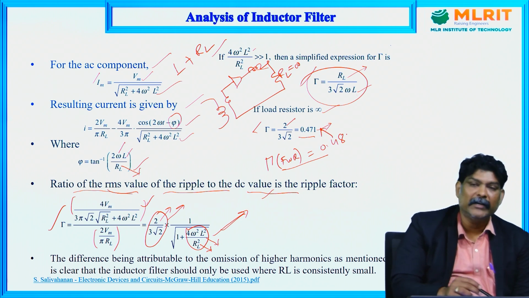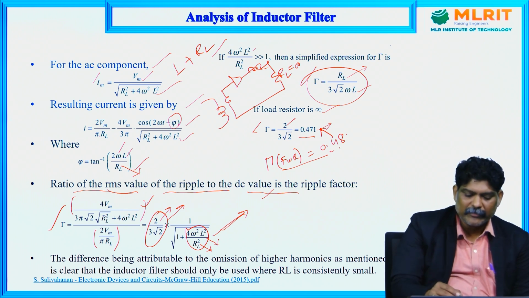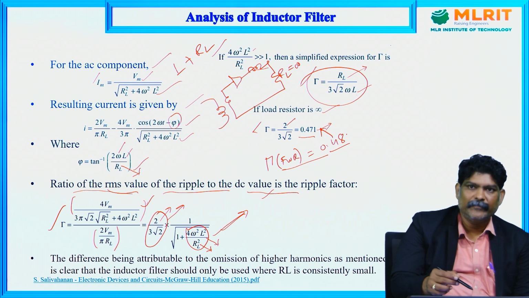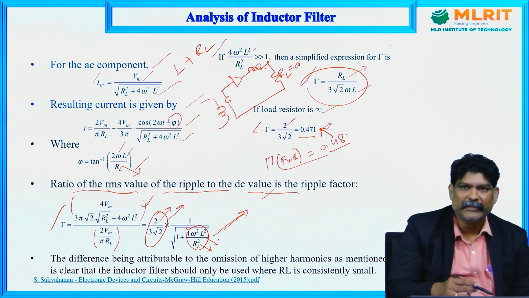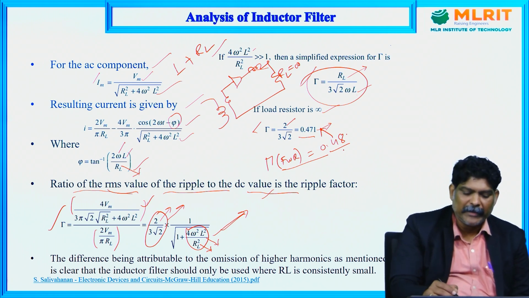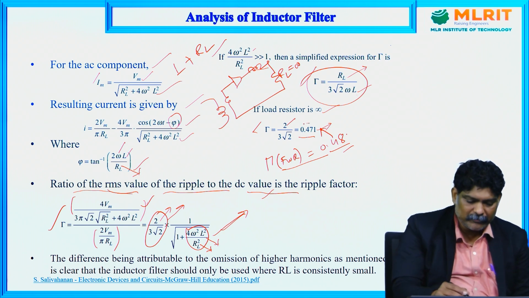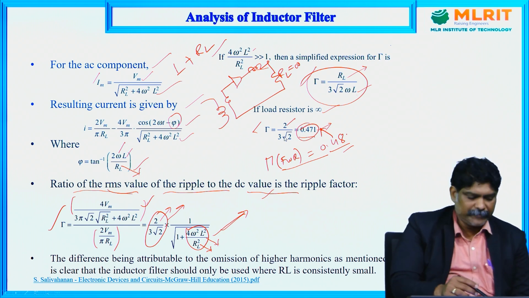The ripples in the pulsating DC output of the full wave rectifier are removed somewhat using the inductor filter, but it is a very minute change.